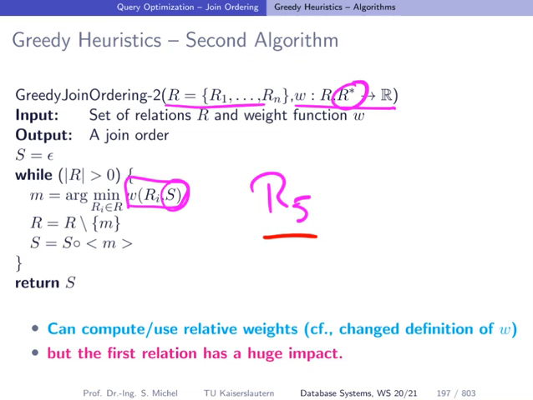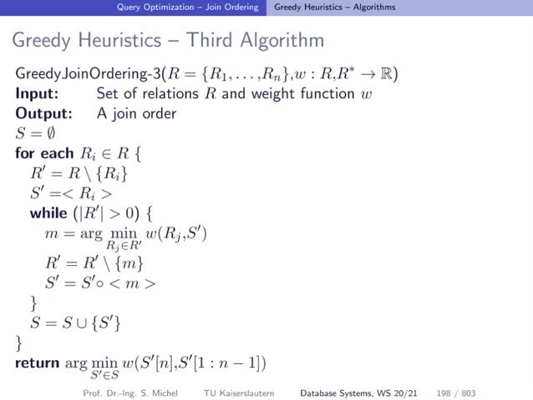So the idea for the greedy 3 algorithm is to vary the starting relation, the first pick. Okay, here we go, greedy join ordering number 3. The same input, of course, because we still have to solve the same problem. Also a weight function, considering the relation that we want to see how good it is in terms of our weight and the previously selected ones.